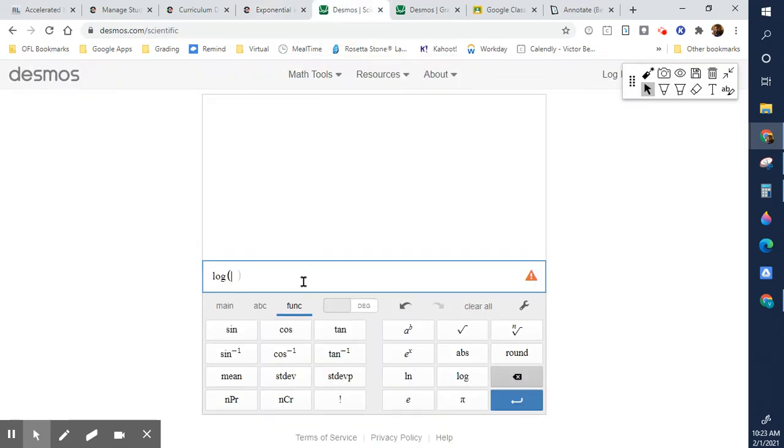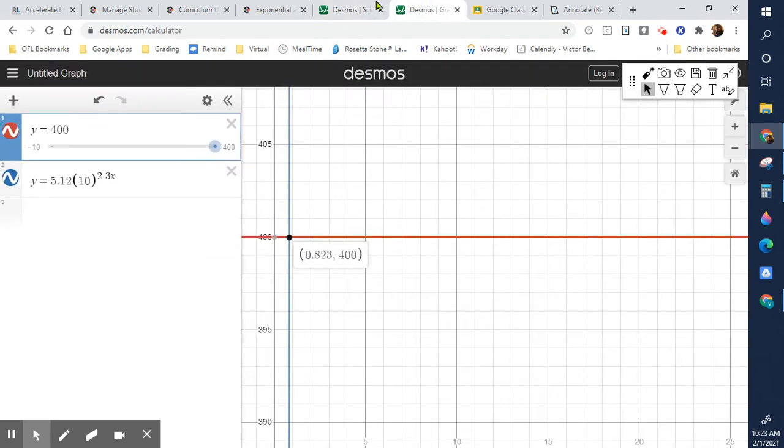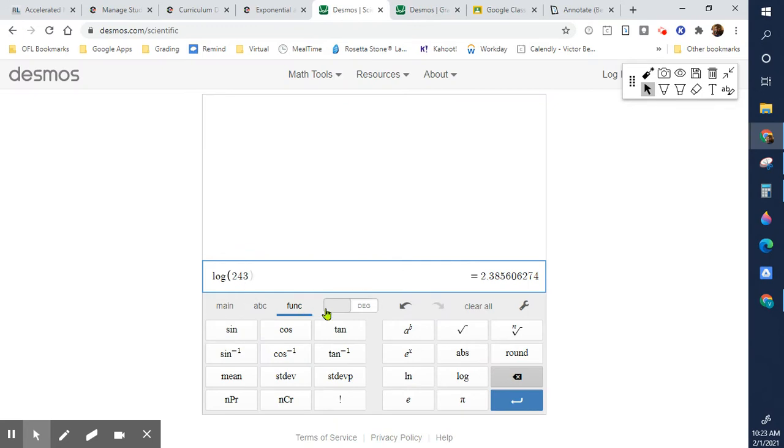Log of 243. Be careful with Desmos because it likes going all the way to the right if you go to another tab. Watch. You see how it's inside the parentheses right now? If I go to another tab and go back, it's outside the parentheses. So just be careful with that. It likes moving your cursor all the way to the right.